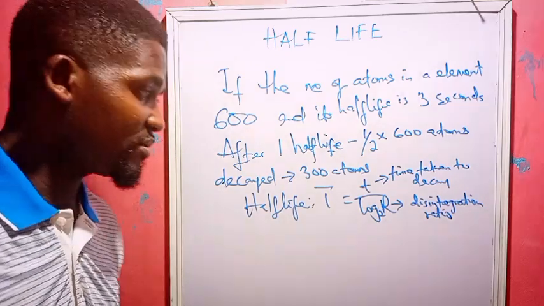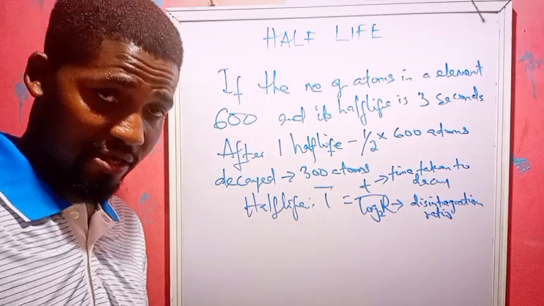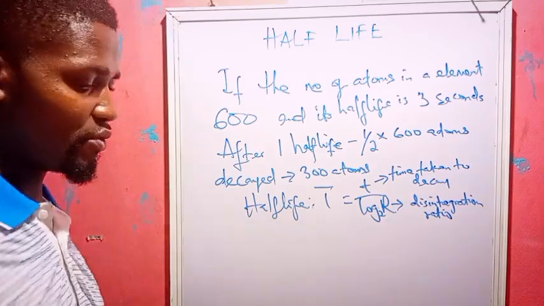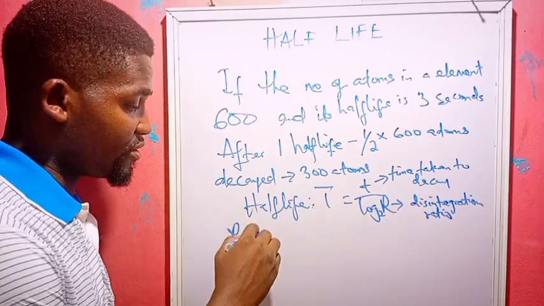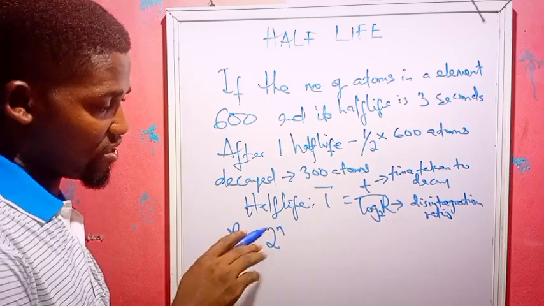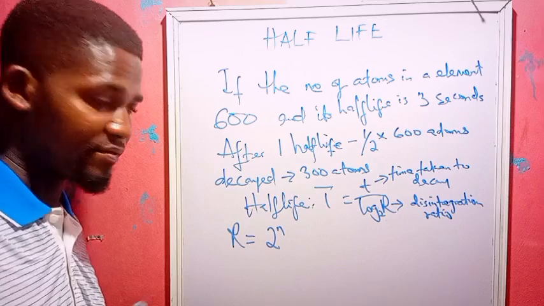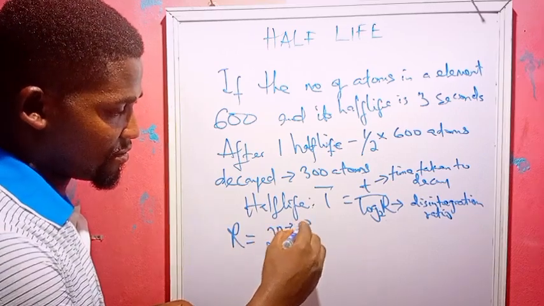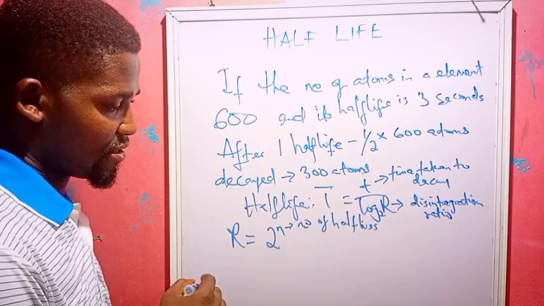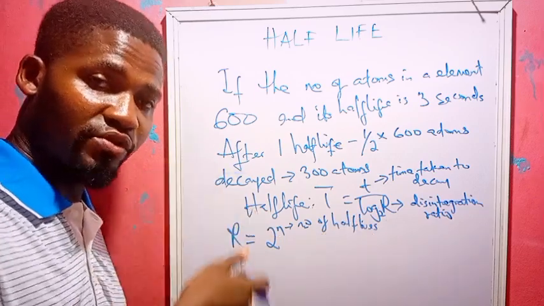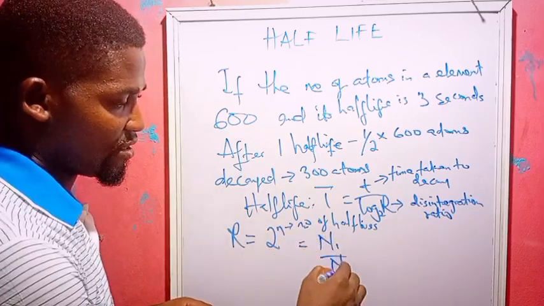There are other formulas that we can derive from here that will help us in calculations. R, the disintegration ratio, is equal to 2 raised to power n. What is n? n is the number of half-lives. So R is equal to 2 raised to power n, and this is also equal to N1 over N2.